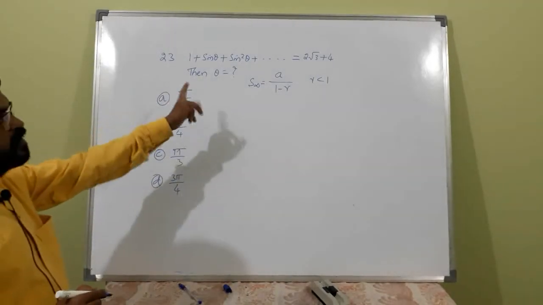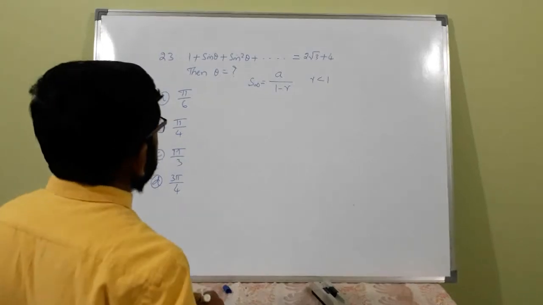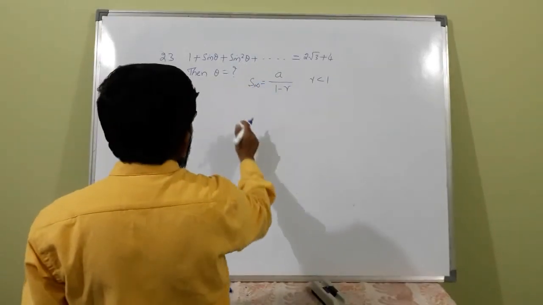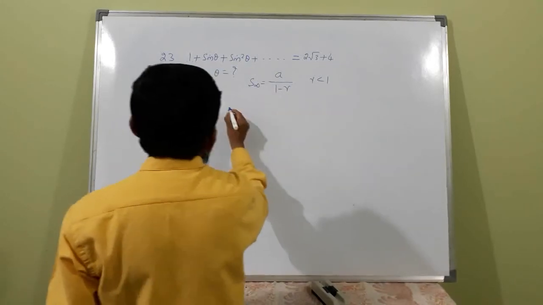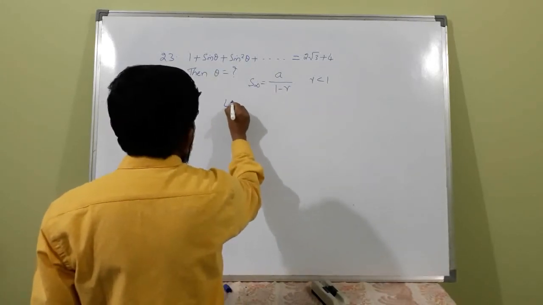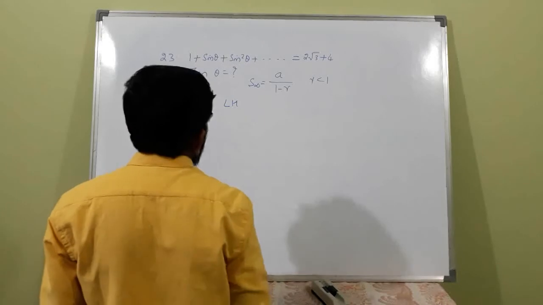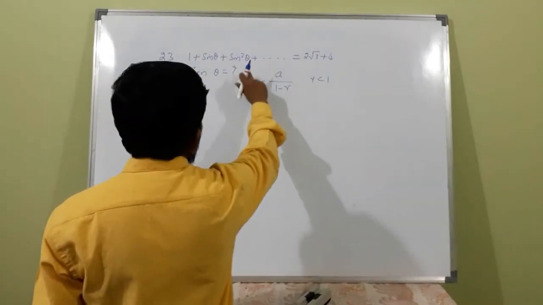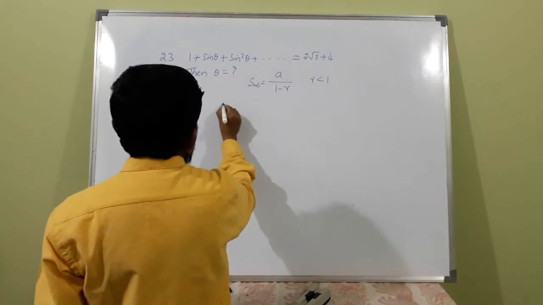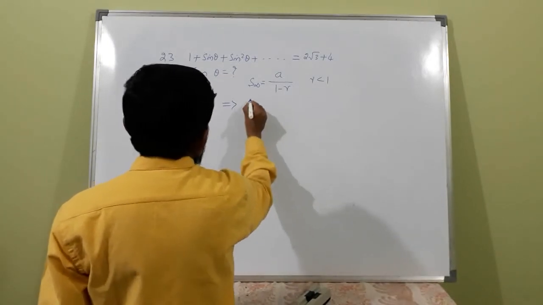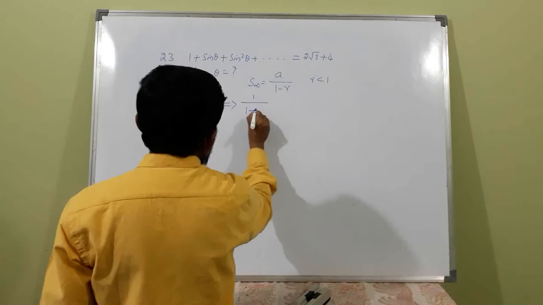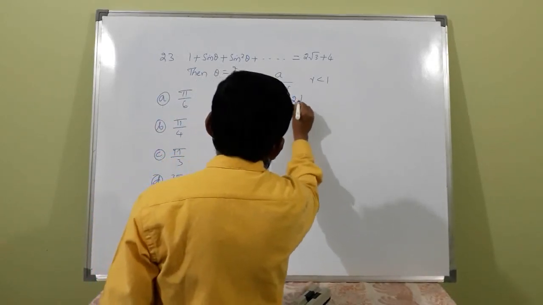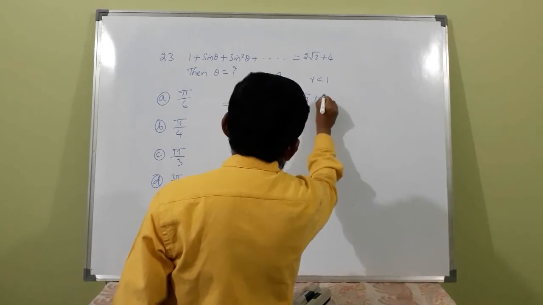Sin theta lies between minus 1 and plus 1, so the sum is 1 divided by 1 minus sin theta, equal to 2 root 3 plus 4.